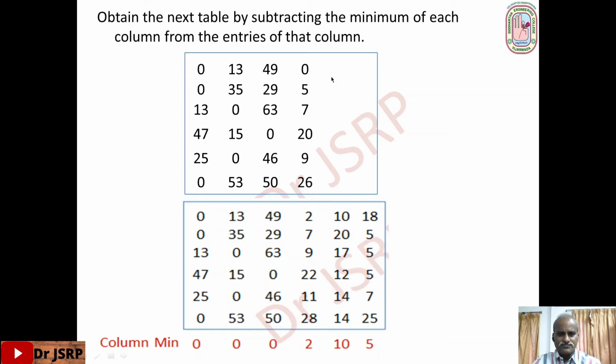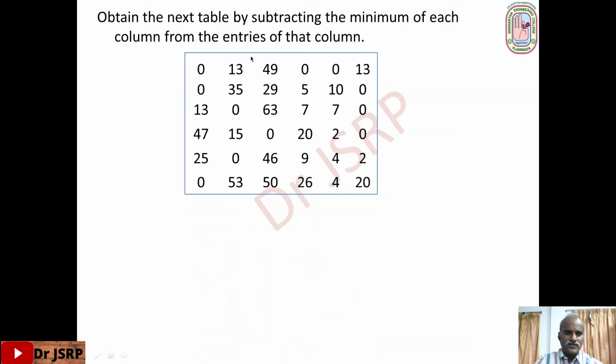Subtract 10 from fifth column, 10 minus 10, 0, 10, 7, 2, 4, 4. Next, subtract 5 from last column, 18 minus 5, 13, 5 minus 5, 0, 7 minus 5, 2, 25 minus 5, 20. So this table gives possible assignments for jobs as well as for persons, that is for rows as well as for columns.